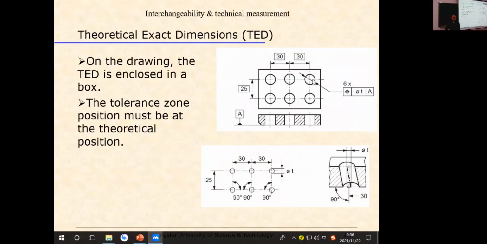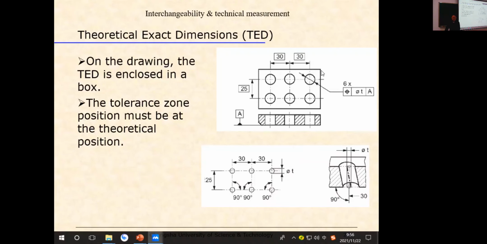How to determine this circle's position? We need to have the dimension, right? Like this dimension, this is the 6. So this dimension means that this hole is in the box, right?